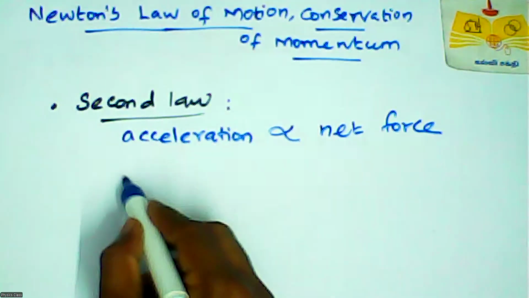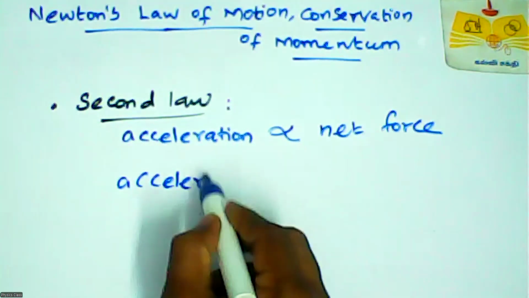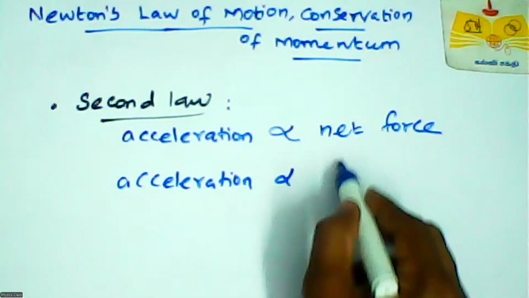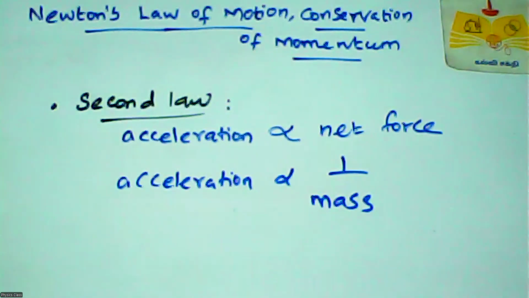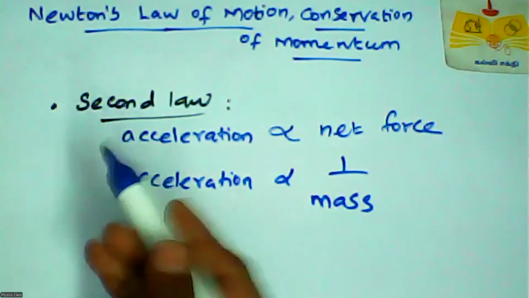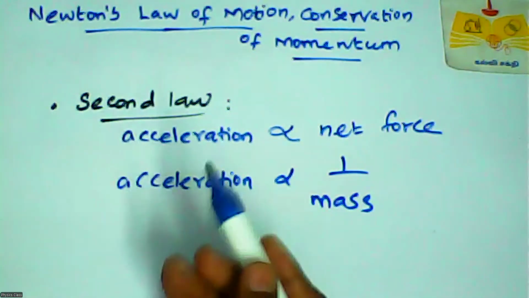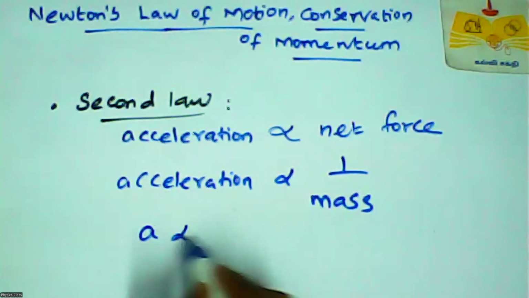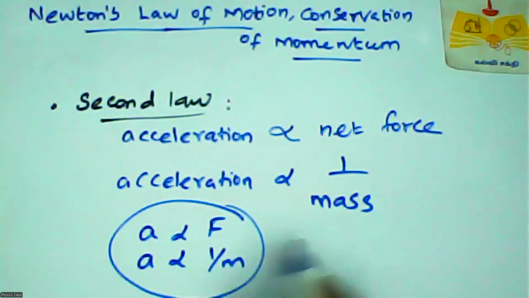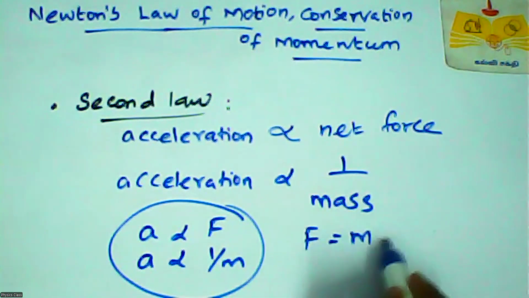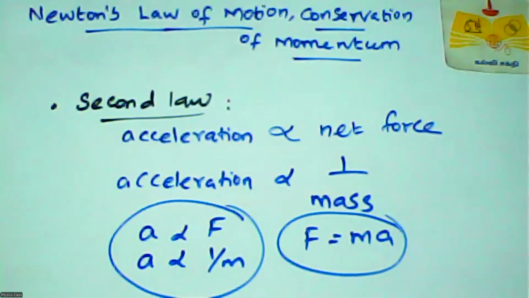So acceleration is inversely proportional to the mass, like 1 by mass. So we can write this as a famous equation: A is proportional to F, and A is proportional to 1 by M. We can rewrite it as F is equal to MA. This is the second law.